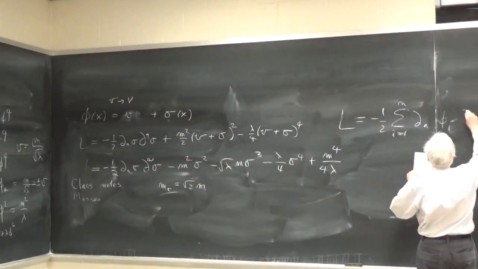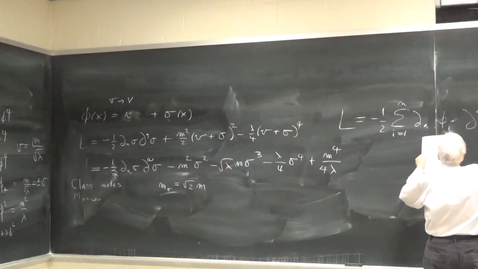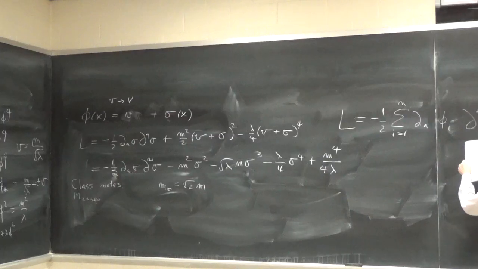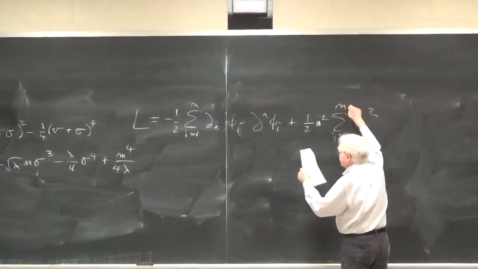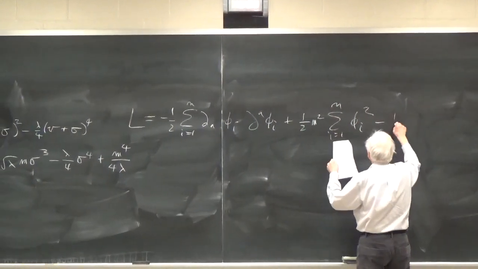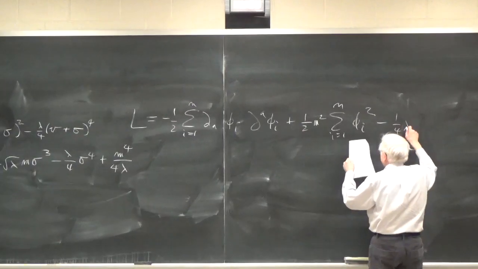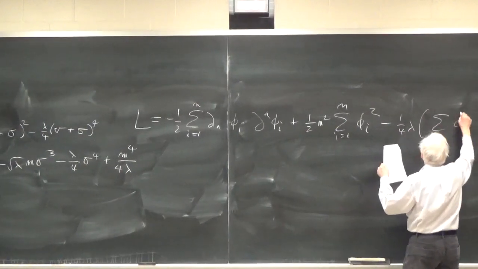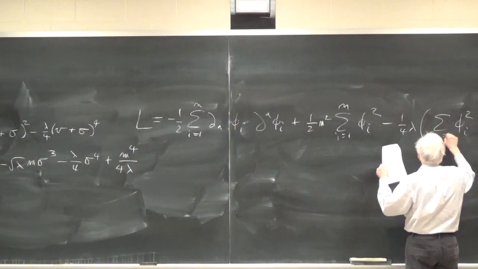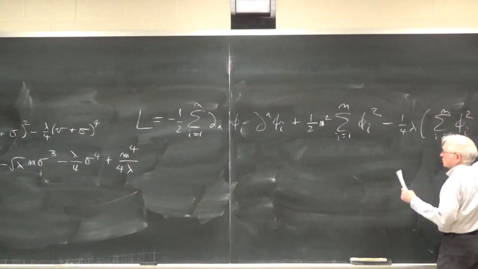I'm just trying to avoid too many extra Greek letters. Plus a half m squared sum of phi i squared, i equals 1 to n, minus a quarter lambda sum of phi i squared, i equals 1 to n, squared.